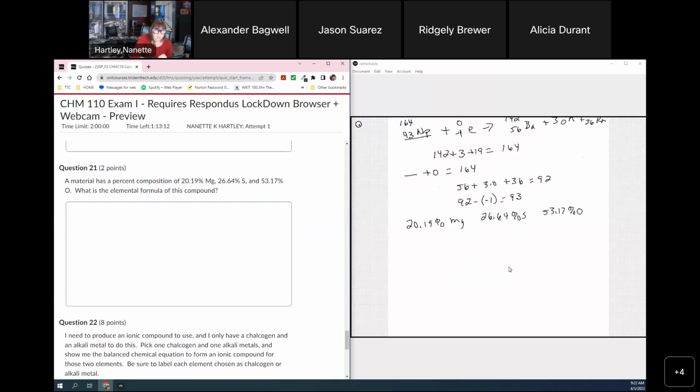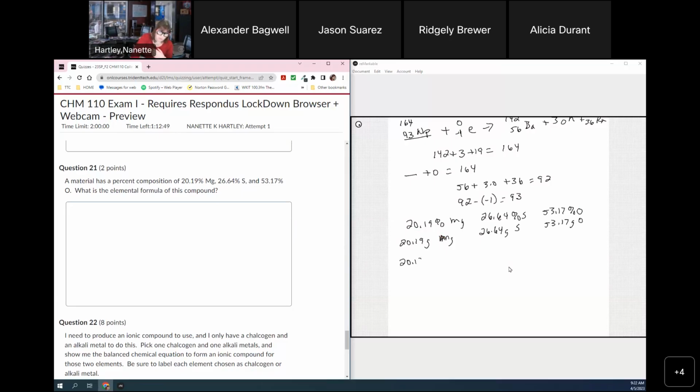We do that by assuming that this percentage is the mass out of 100 grams. So 20.19 grams of Mg, 26.64 grams of S, and 53.17 grams of O.